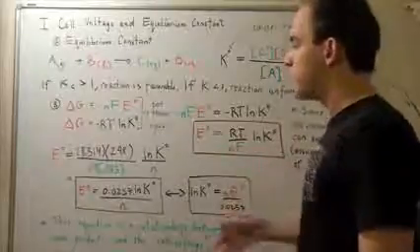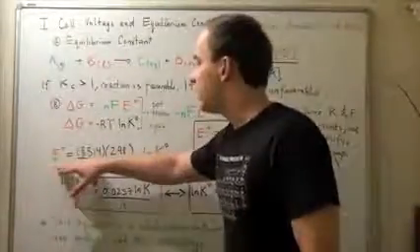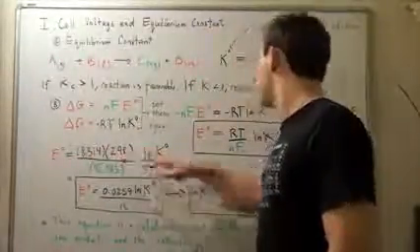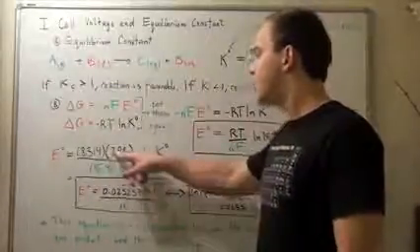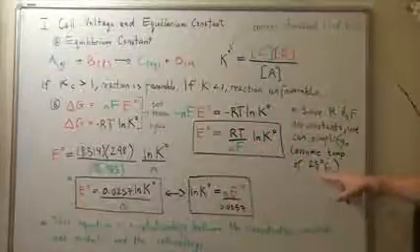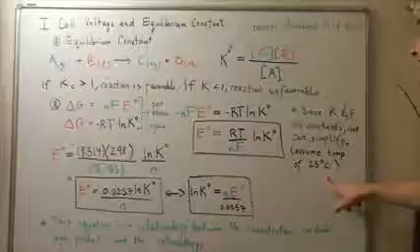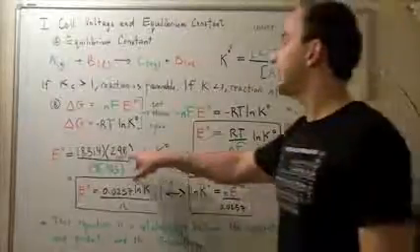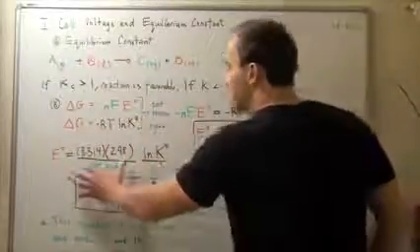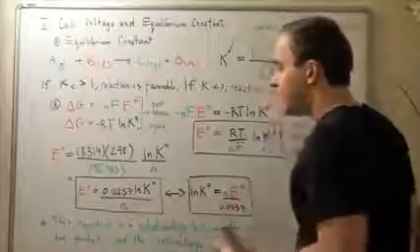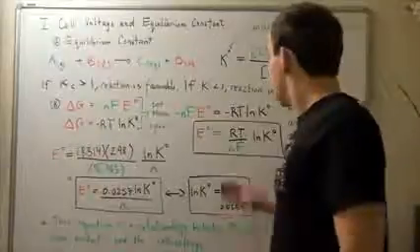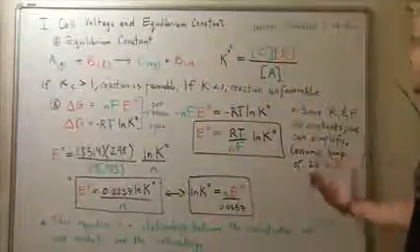Cell voltage E is equal to a constant, because T is 298 in Kelvin, since 25 plus 273 is 298. So a constant times our constant temperature divided by Faraday's constant gives us 0.0257, a number.